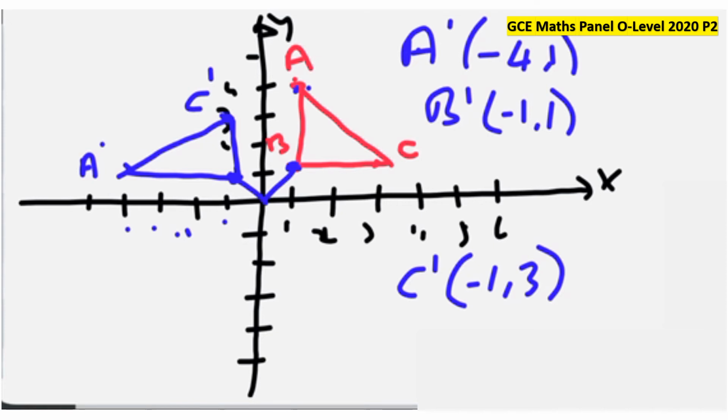And they're saying that taking triangle A prime, B prime, C prime to be mapped onto triangle A prime prime, B prime prime, C prime prime by a reflection on the mirror line x plus y equals 6. So I'm supposed to reflect A prime, B prime, C prime on that line x plus y equals 6 to have the triangle A prime prime, B prime prime, C prime prime.